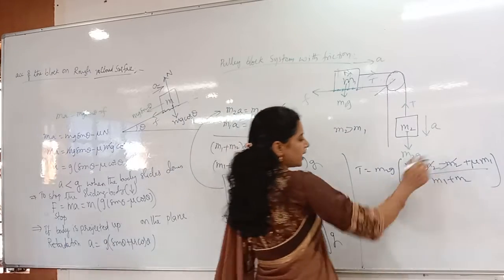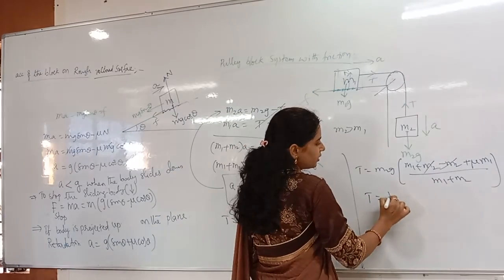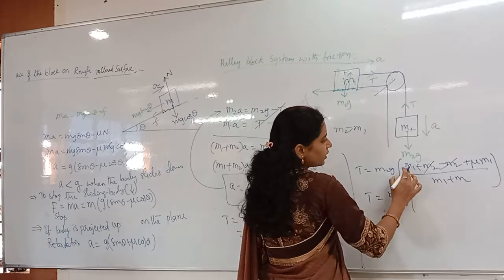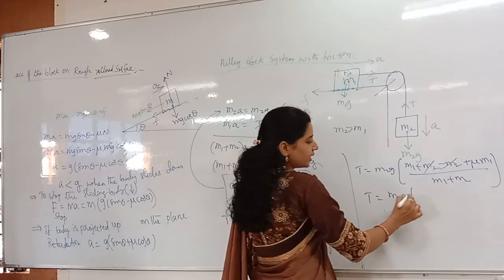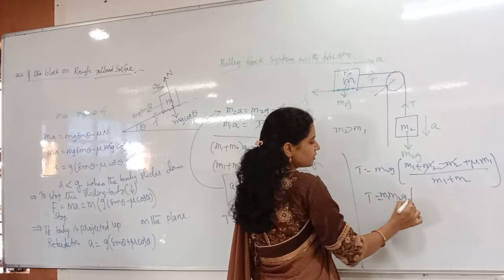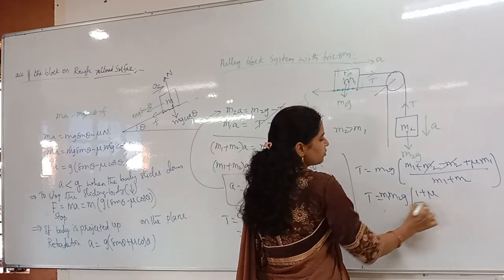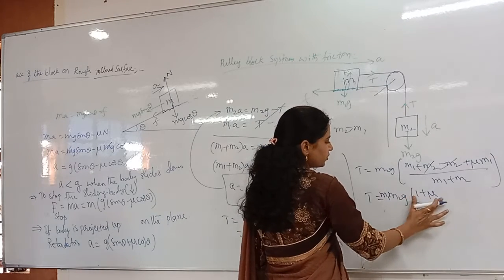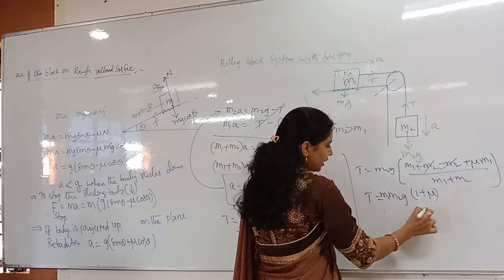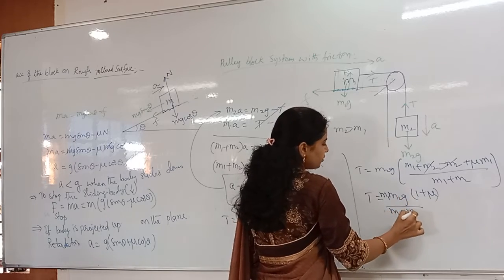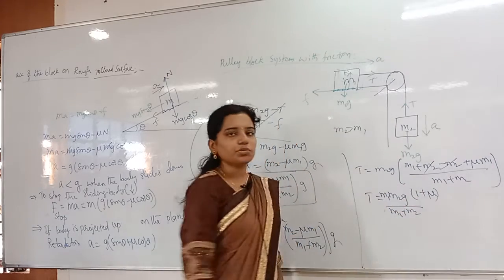Then m2 gets cancelled here. Then what is remaining here? m2g, m1 plus mu m1. Shall I take m1 outside? Then what is remaining? 1 plus mu by m1 plus m2. So I will write that as m1 m2g by m1 plus m2 into 1 plus mu.